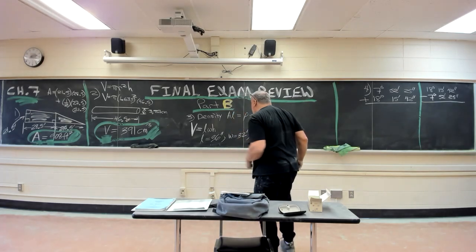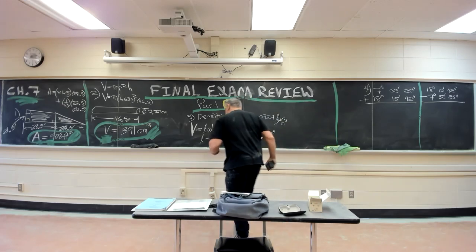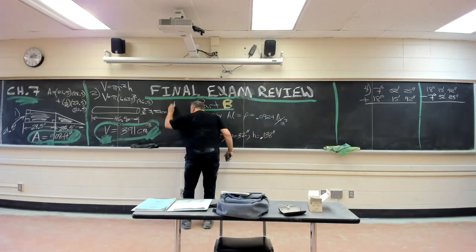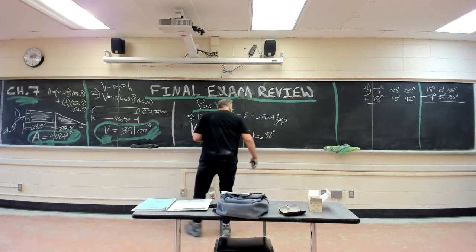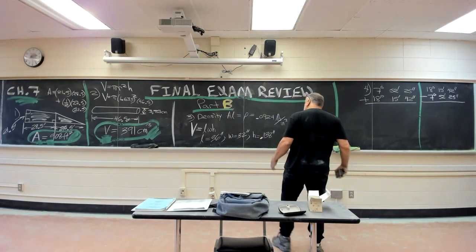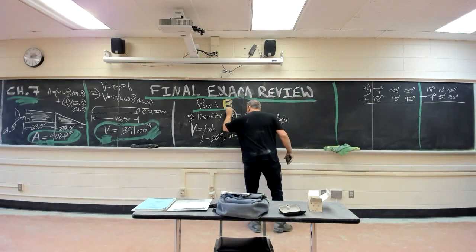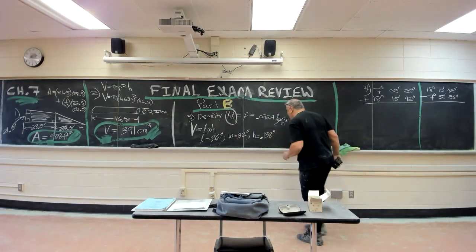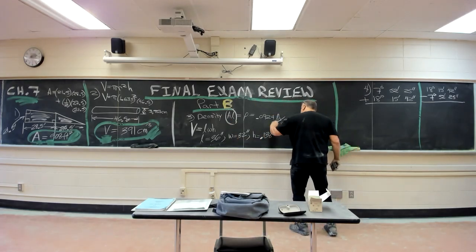So let's see what we got here, guys. What we're talking about here is give an answer. Well, make a long story short, this is Al meaning aluminum. The density, the weight density, I'm being a little somewhat cavalier with the language that gets used.